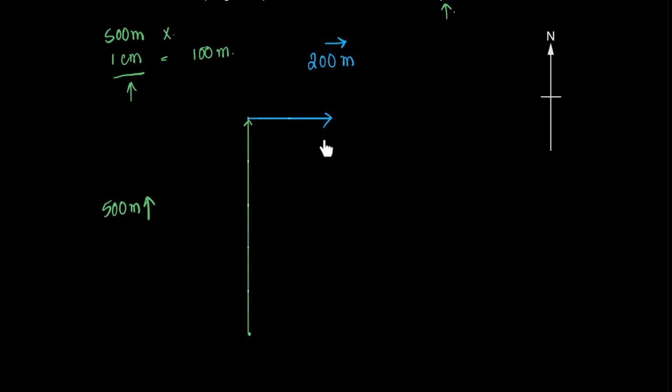Whatever this length is, if I convert it back into meters, the conversion is: whatever this number is, times 100 will give me the resultant vector of these two displacements. So what I need to do right now is take a scale, match this point to the other point, draw a line essentially, measure it and write down its measurement.